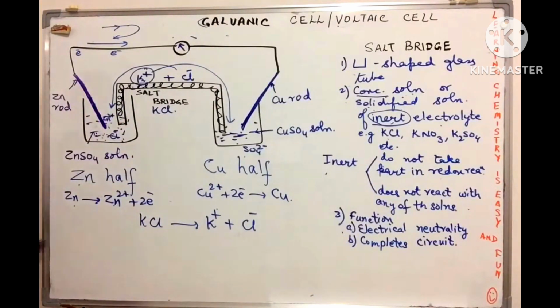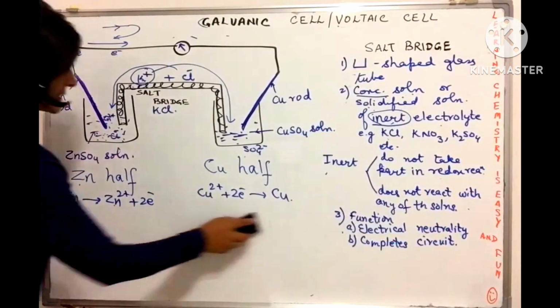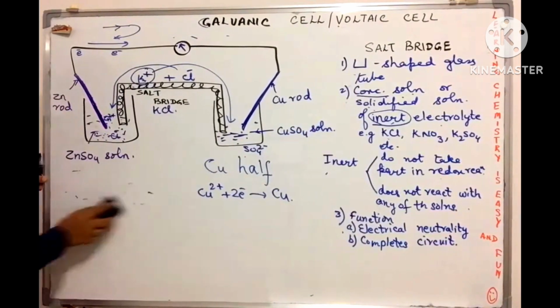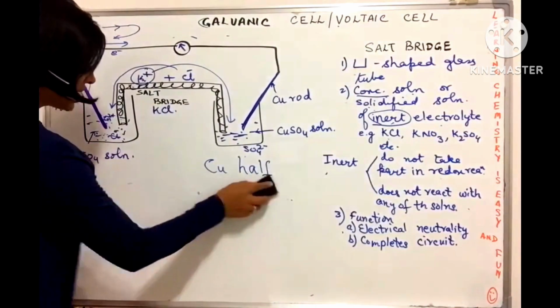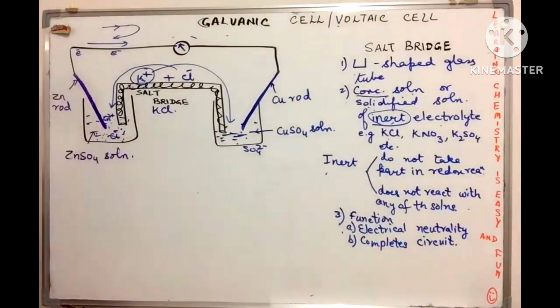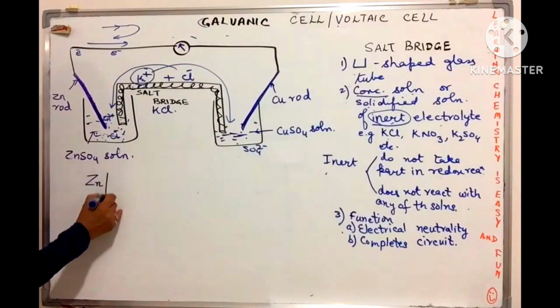Now, coming to again the half cells. Zinc is getting converted into zinc ions, right? Let me first just organize it a bit more. Zinc is getting converted into zinc ions.